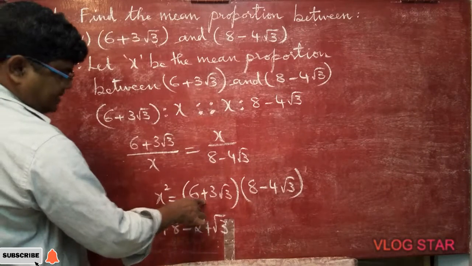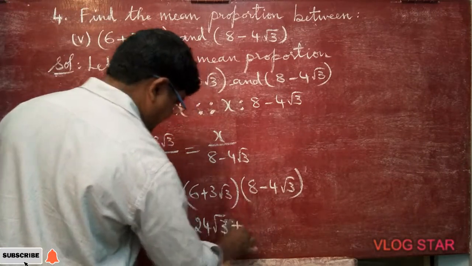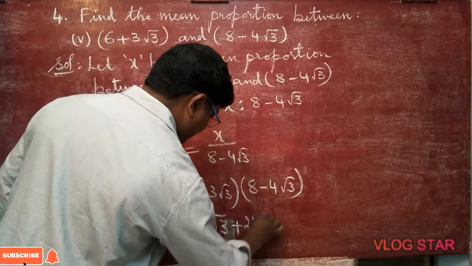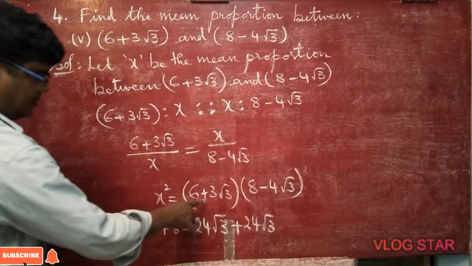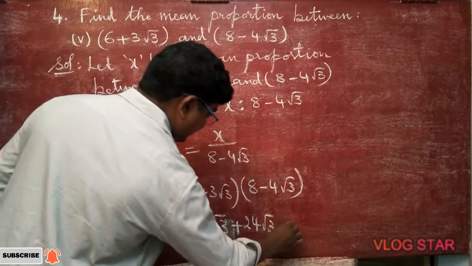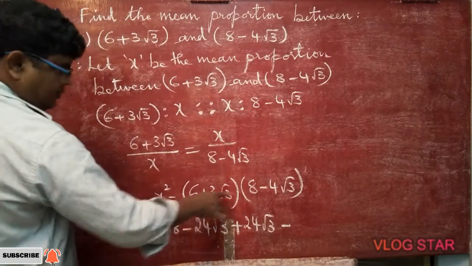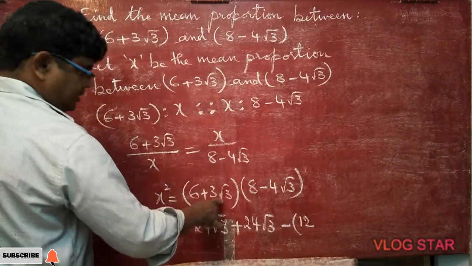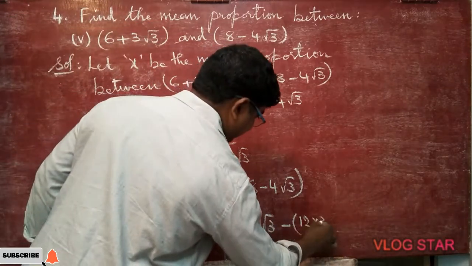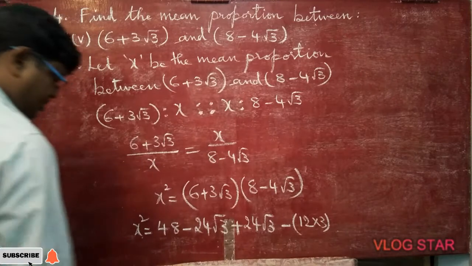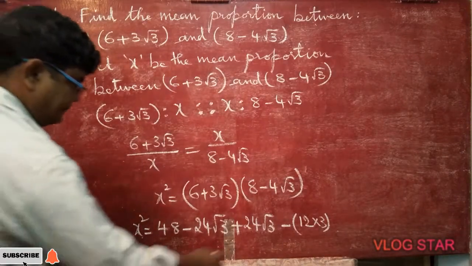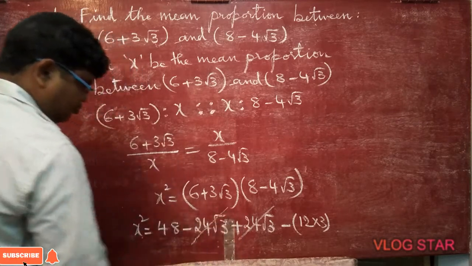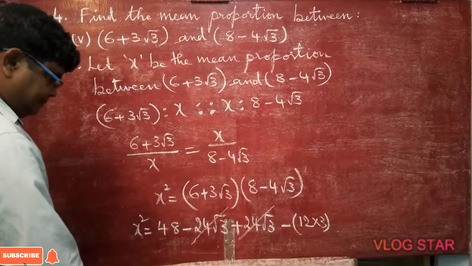Next with the second, plus into plus, plus 3 8s are 24 root 3. Next, plus into minus, minus 3 4s are 12. Root 3 into root 3 is 3. Able to follow? So now, plus 24 root 3 minus 24 root 3 both get cancelled.